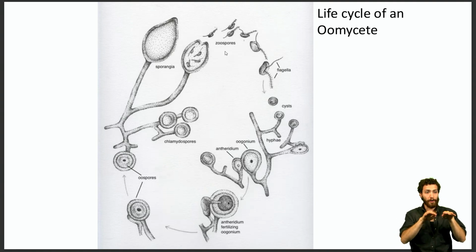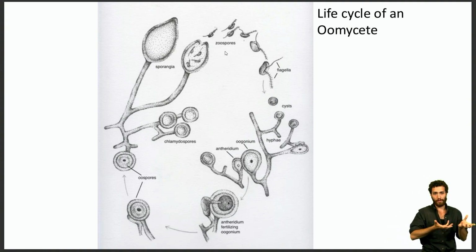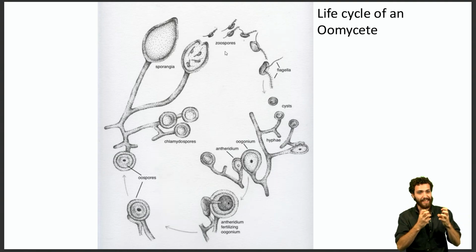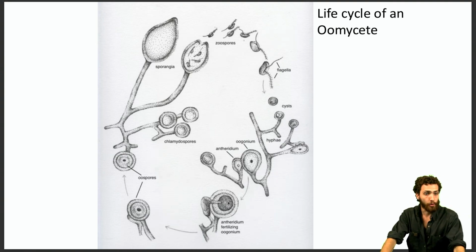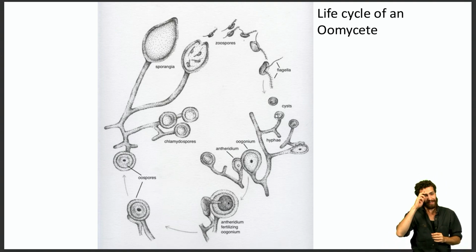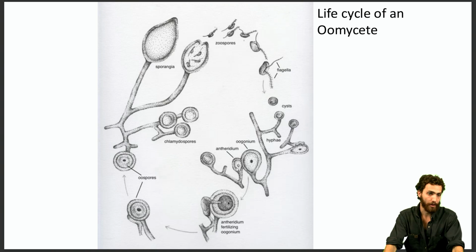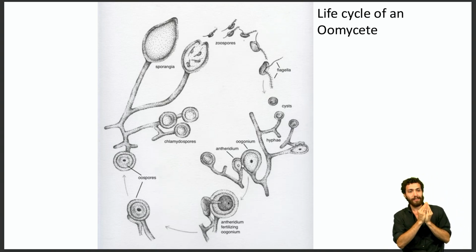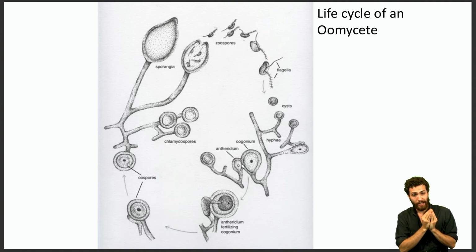They'll swim through water films in the soil, and eventually, as in the case with some of the root pathogens we've studied so far, right, Phytophthora cinnamomi, they will form a cyst on the roots of their host. They will grow hyphae. They will form an oogonium and an antheridium that will essentially join, and they will be the site of meiosis and fertilization.